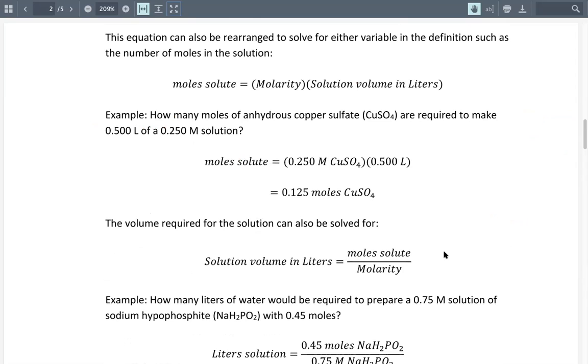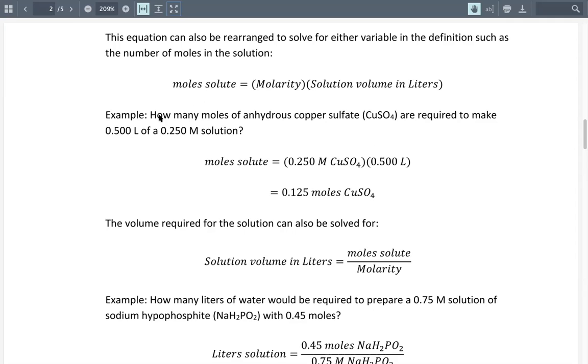So this question says, how many moles of anhydrous copper sulfate, thankfully they give us that chemical formula, are required to make 0.5 liters of a 0.25 molar solution? So we're trying to figure out the moles of copper sulfate.